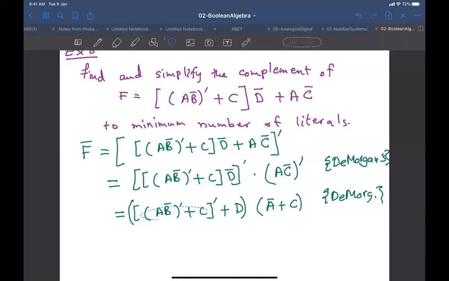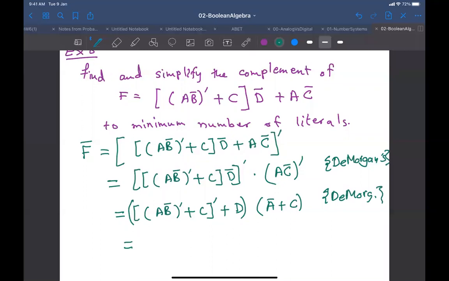This is equal to, so the original expression is something ORed with something else complemented. So this will turn into an AND, right?